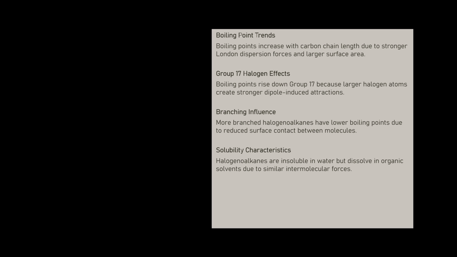More highly branched halogenoalkanes have lower boiling points than their straight-chain isomers because branching reduces surface contact between molecules. Halogenoalkanes are generally insoluble in water because they cannot form hydrogen bonds with water molecules, and the C-X bond is only slightly polar. However, they are soluble in organic solvents due to similar intermolecular forces.